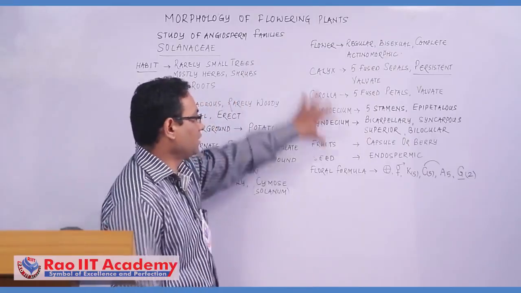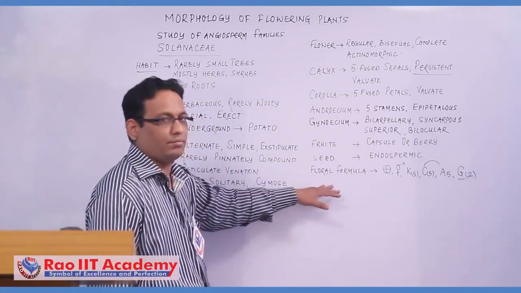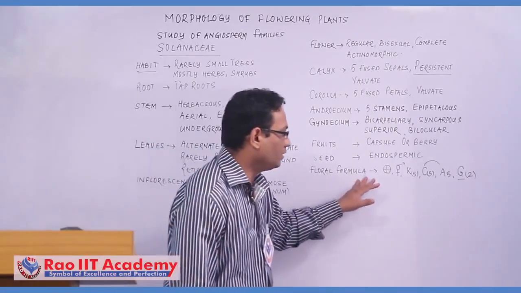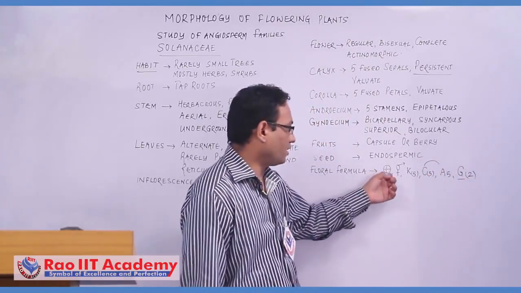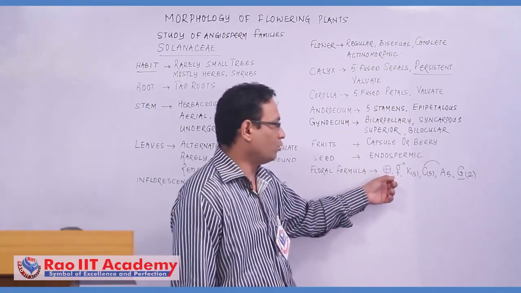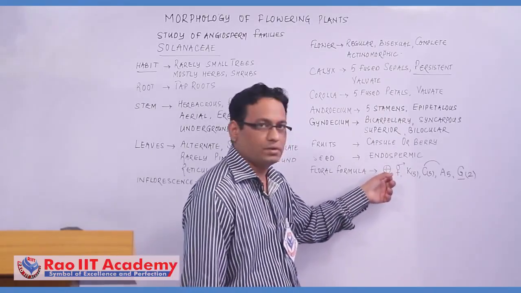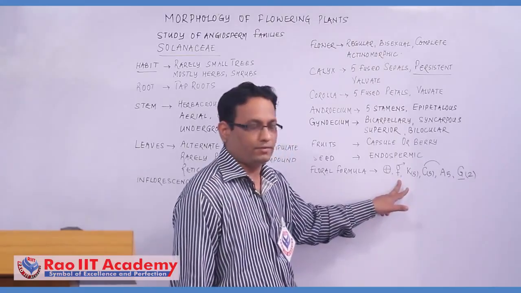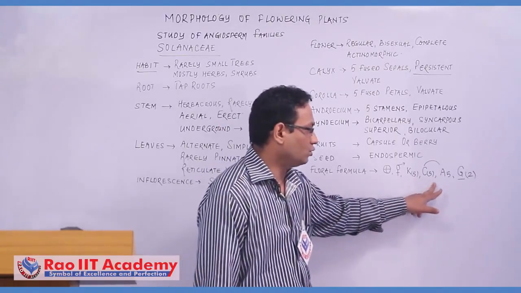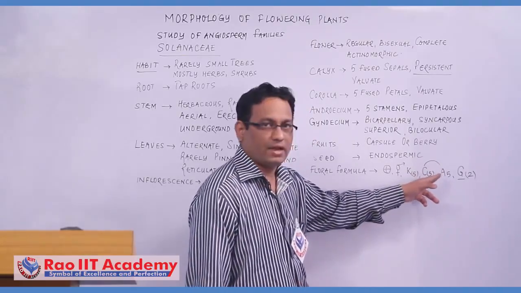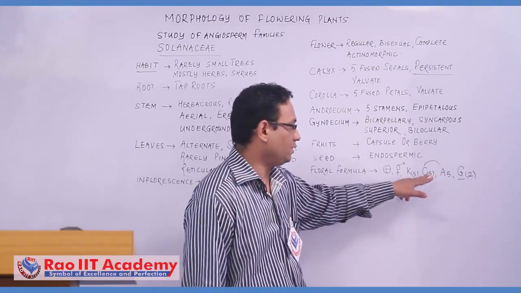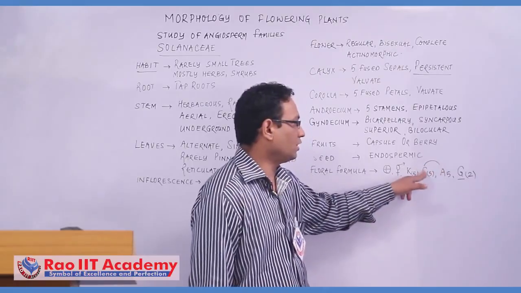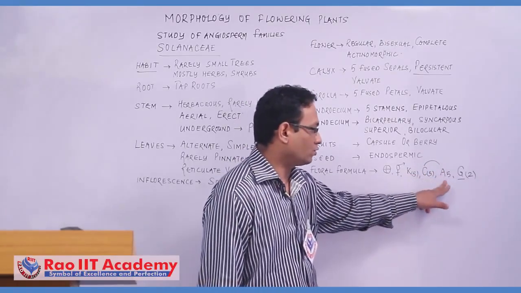Now this entire description would again be summed up into a floral formula, giving all these symbols. In this case, we have a regular, complete, actinomorphic flower with this symbol. The bisexual symbol is very well known to us. Fusion is known. In this case, we have an epipetalous condition, which was not seen earlier in Fabaceae, so we have this horizontal line over corolla and androecium.